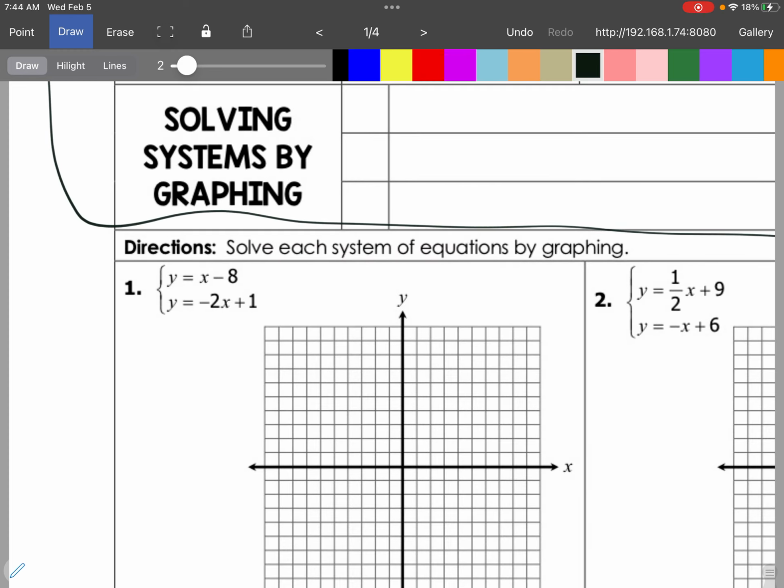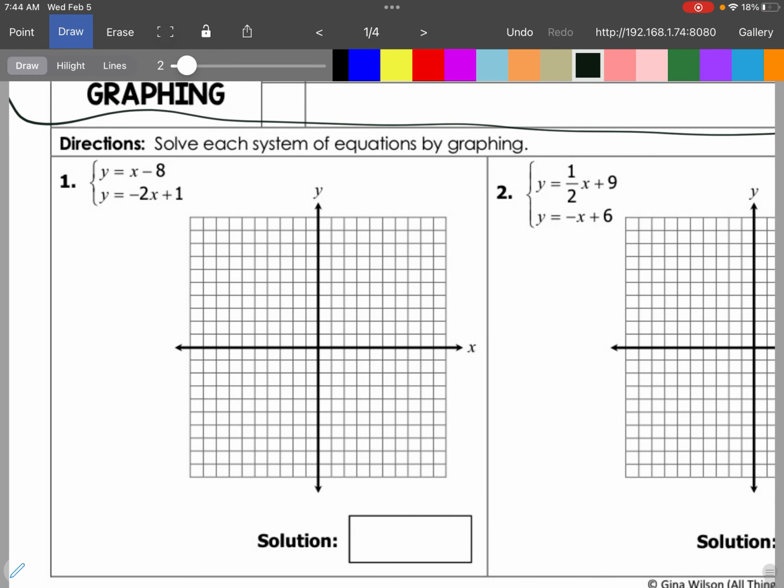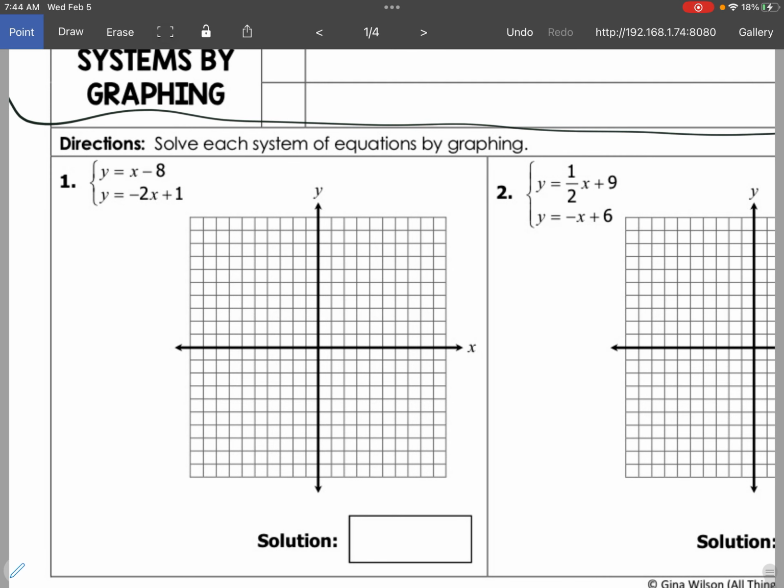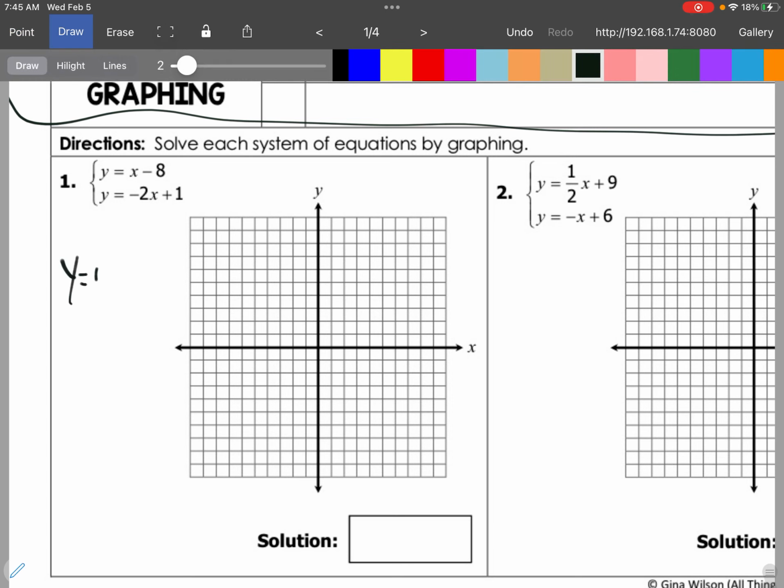Now, for the lesson that is posted already for the day, you're going to be graphing linear equations, meaning one line at a time. When you graph y equals mx plus b, this is called slope-intercept form, okay? It basically starts out your pattern that you need.